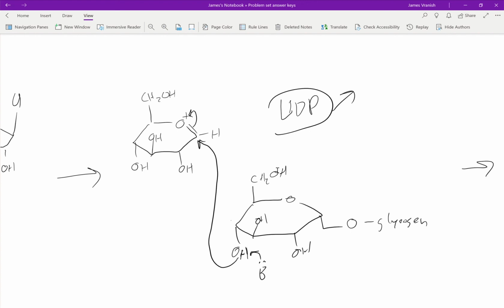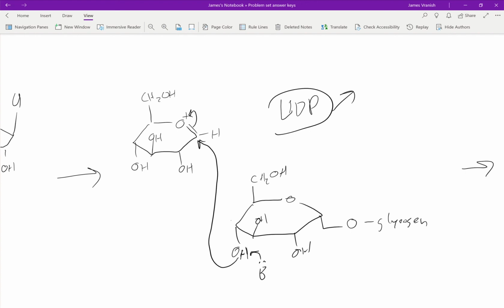This allows a base to deprotonate the oxygen on carbon 4 of glycogen, one of these non-reducing ends. That oxygen can then attack carbon 1, which has that positive charge on it, and those electrons get pushed up onto the oxygen, and our UDP has already left.